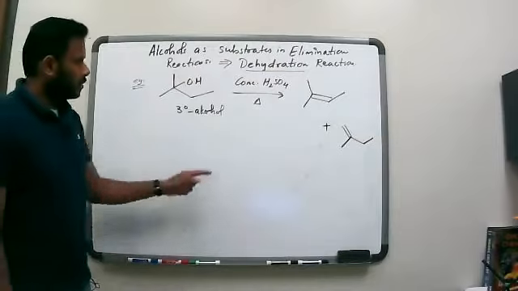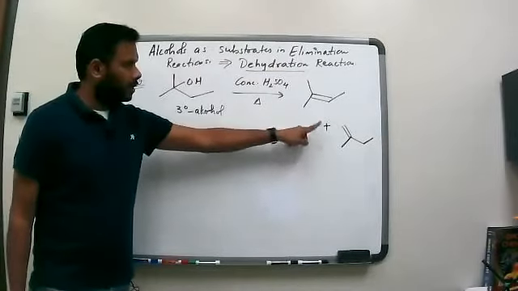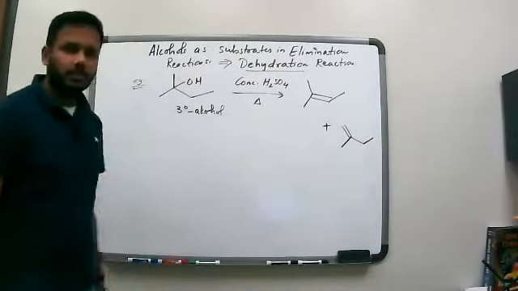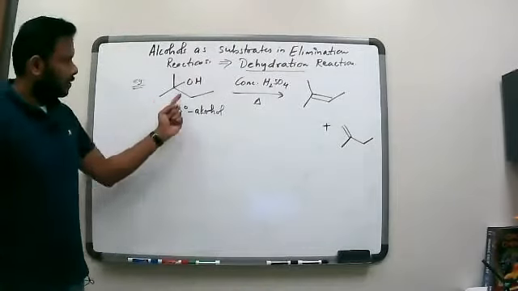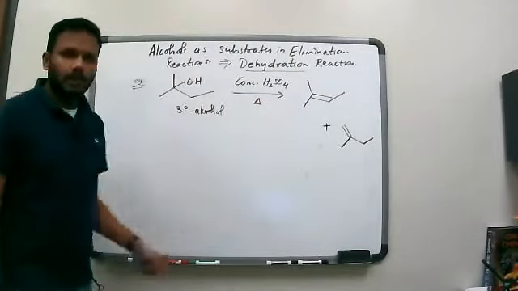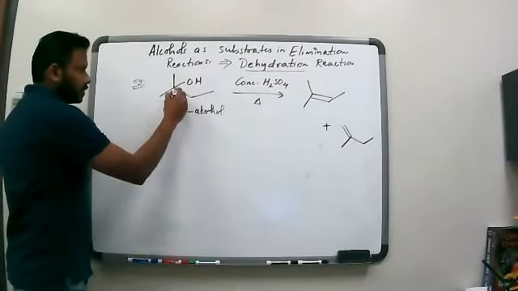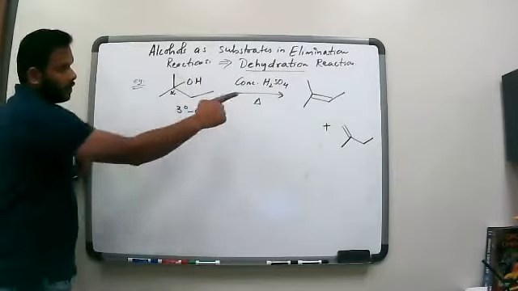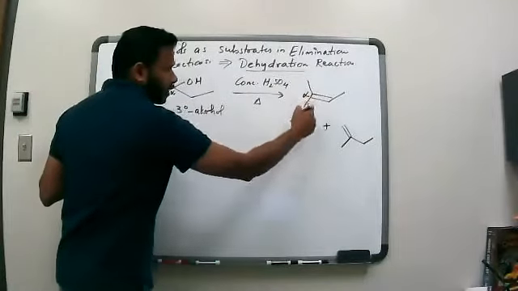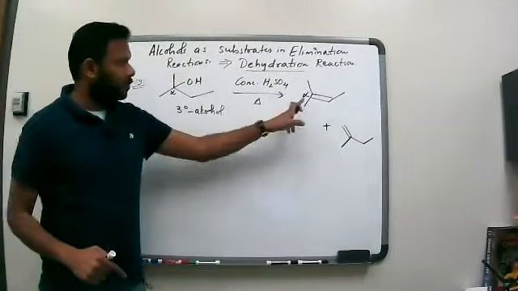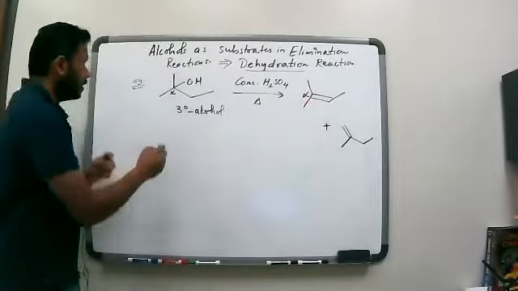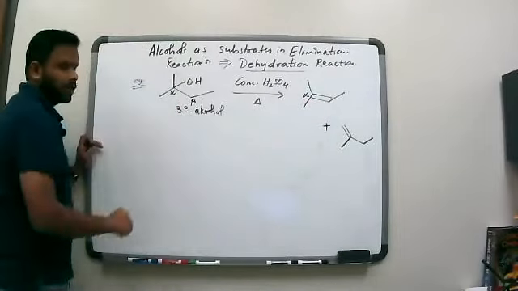Okay, so you get a more substituted alkene, the tri-substituted alkene, and the di-substituted alkene. If you look at the tri-substituted alkene, since the alcohol is our functional group, this is our alpha carbon. What we've gotten here is a double bond between the alpha carbon and beta carbon.